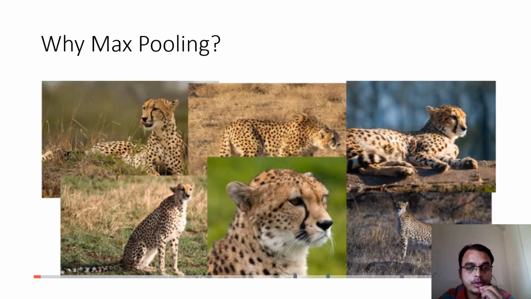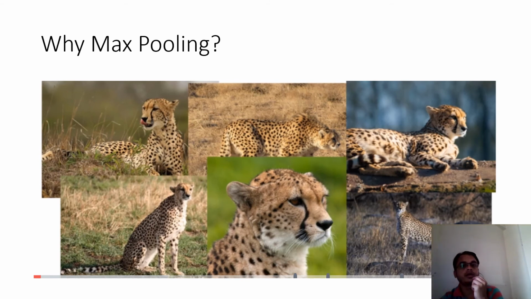So what is max pooling? Now take a look over here. This is an image where all the images are shown as a cheetah. Okay, now in this image, which parameters are you looking for? Yes, definitely.